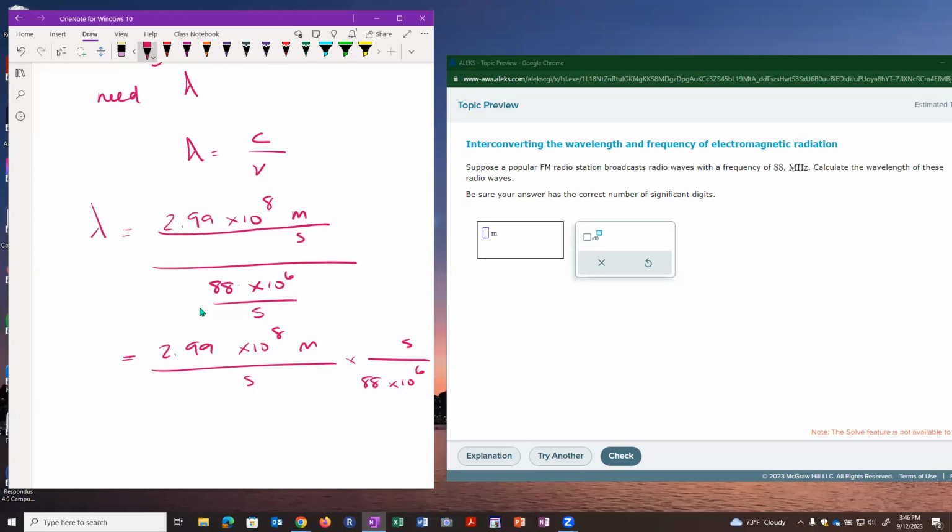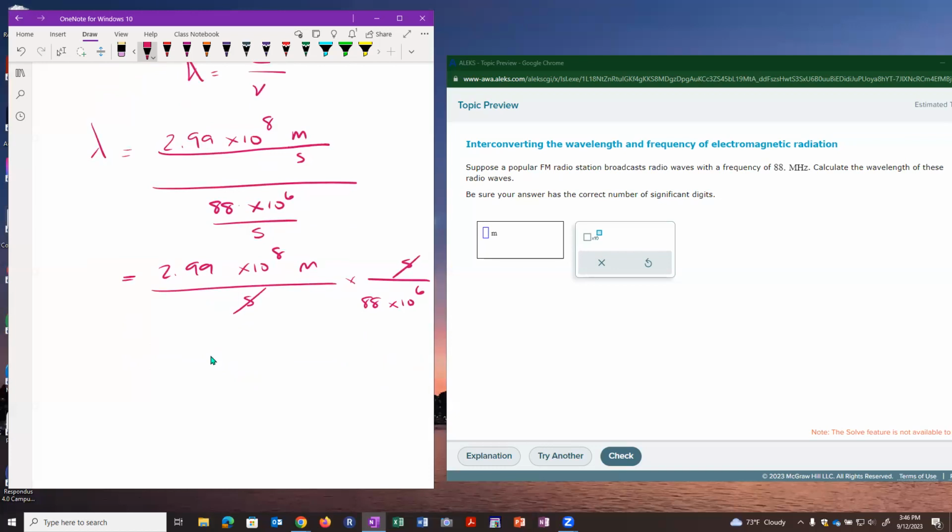So what you'll see is that the seconds cancel, and all I need to do is evaluate this now using my calculator. So my wavelength is 2.99 times 10 to the 8 divided by my other value, and the only unit left is meters. That is a unit of length. Guess what I needed to find? A wavelength, right? So the units make sense.